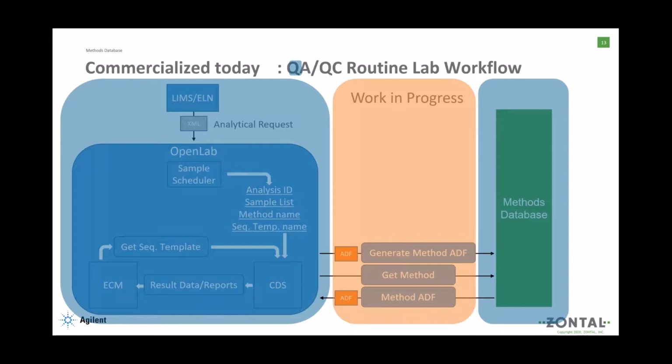Then we have the OpenLab suite with all what I explained from a workflow perspective. And then on the right side we have the Zontal space, which is keeping the methods database. In between we have this layer for the transfer back and forth of methods, which is in progress and at the moment not commercially available.